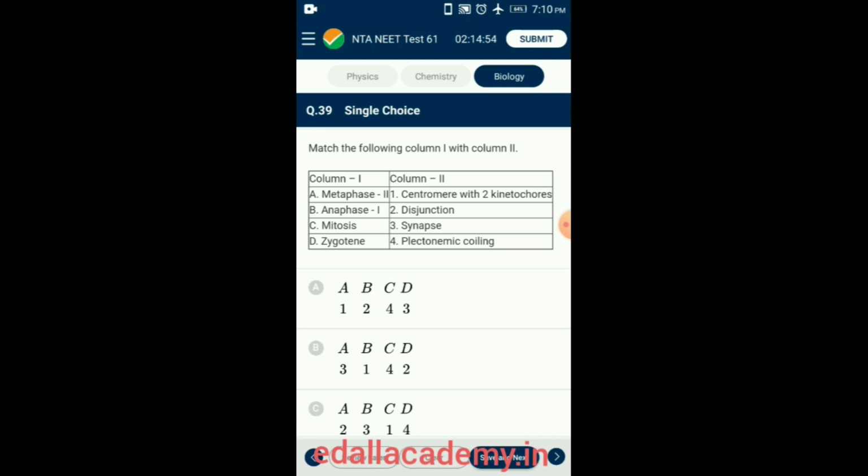The new equatorial metaphase plate is rotated by 90 degrees when compared to meiosis 1, perpendicular to the previous plate. Disjunction of chromosomes takes place in anaphase 1 and anaphase 2 when chromosomes move to the opposite poles of the cell.